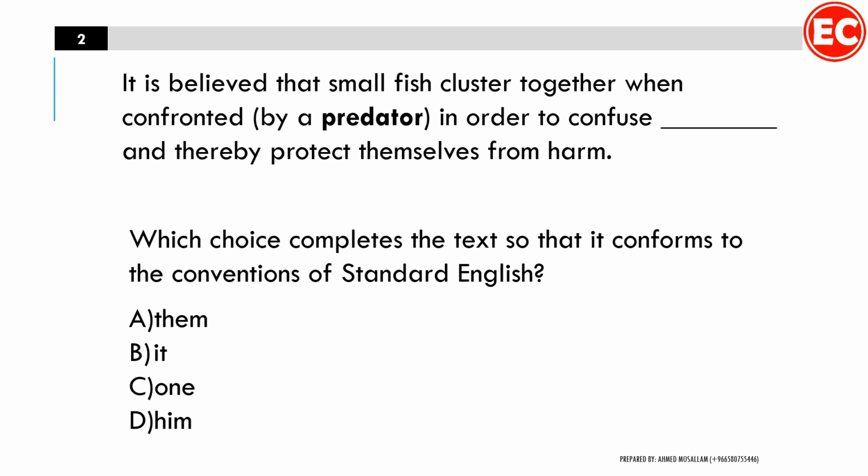For sure, here we have a predator, a singular noun, so we need a singular pronoun. Here we have them, plural, so this is eliminated. We have it, singular, and him, singular. Which one goes with predator? For sure it will be it, which is for things.